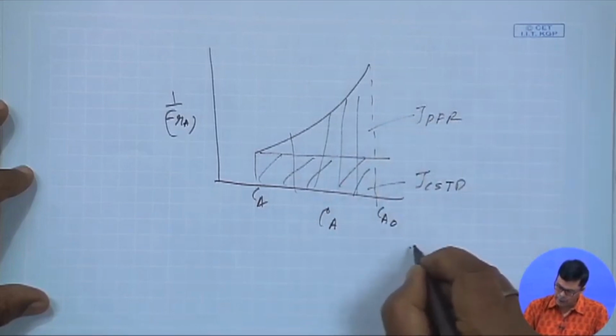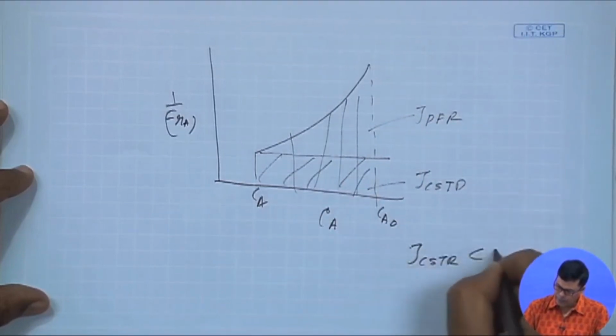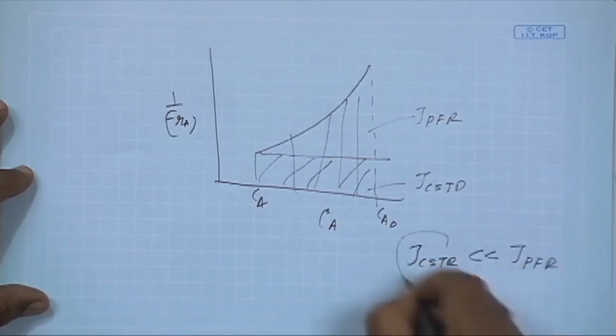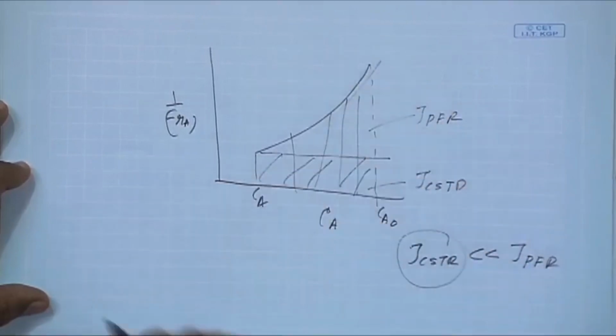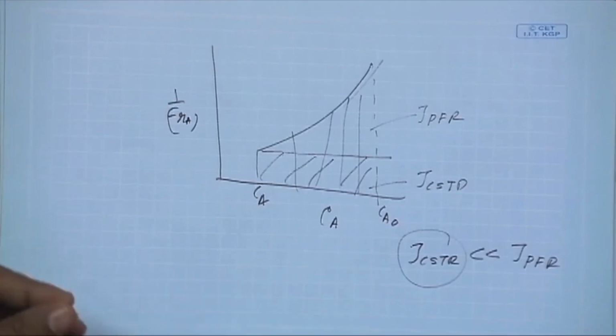Now tau CSTR is much less compared to tau plug flow reactor, so we will go for the CSTR. If your correlation is like this, this is how we can select which reactor we should use for a particular process, because our target is to get the minimum time required to get the desired amount of product.